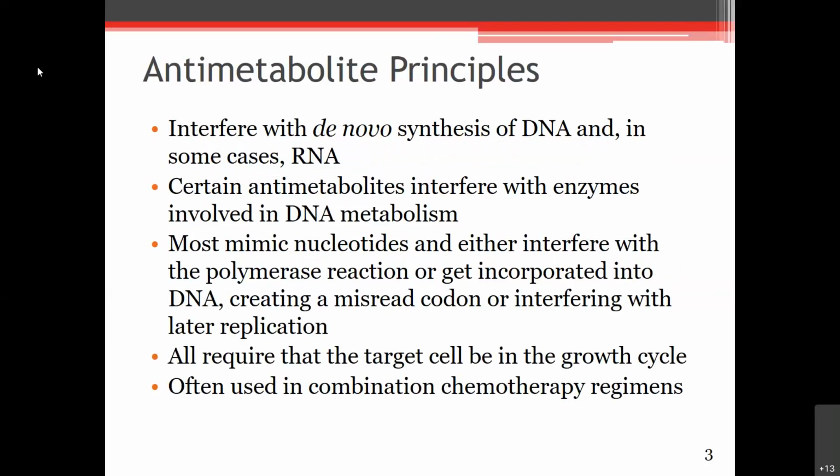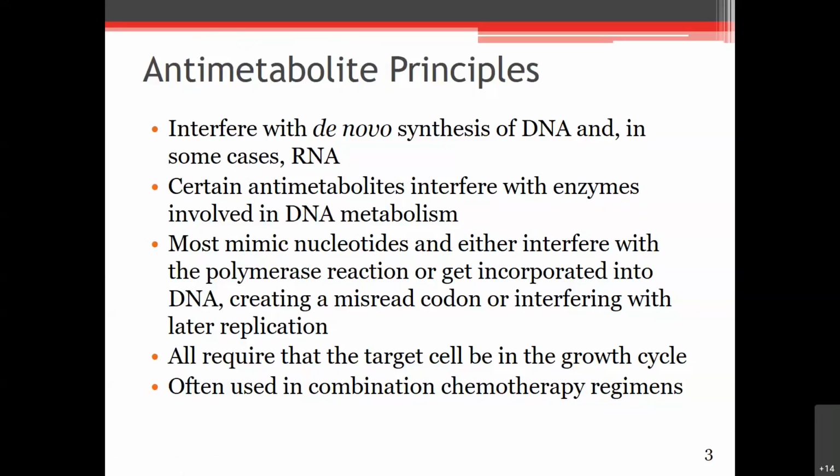Just to give a little overview before we dive into specific agents, antimetabolites in general are going to interfere with de novo synthesis of DNA and in some cases RNA. Certain antimetabolites will interfere with enzymes involved in DNA metabolism, and most of these mimic nucleotides and either interfere with the polymerase reaction or get incorporated into DNA, creating a misread codon or interfering with later replication.